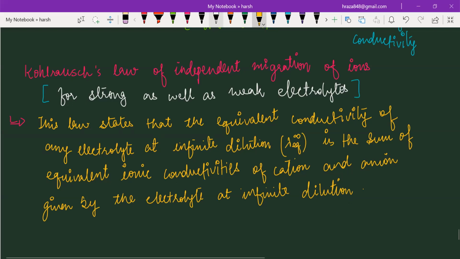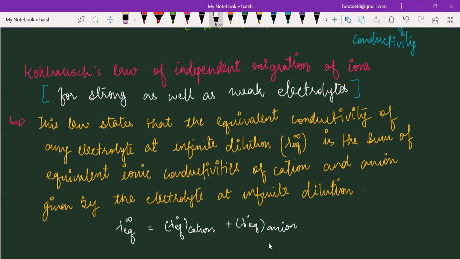Anyway, so see what happens here. If there is equivalent conductivity of any electrolyte... So you can see lambda naught infinity, that means infinite dilution.